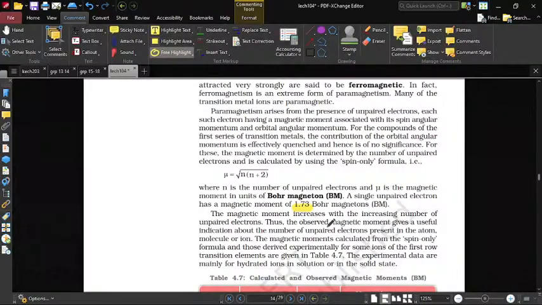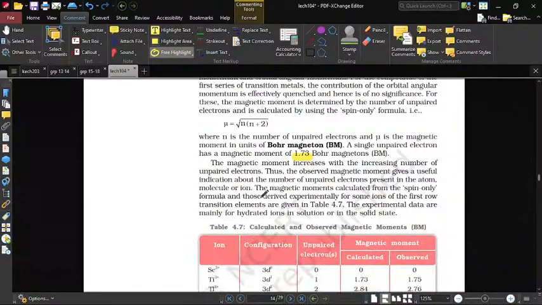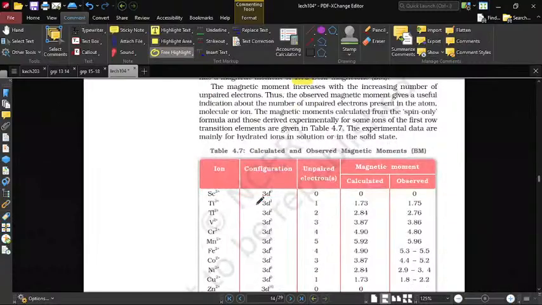Thus, the observed magnetic moments give a useful indication about the number of unpaired electrons present in the atom or molecule. The magnetic moments calculated from the spin-only formula and those derived experimentally for some ions of first row elements are given below.